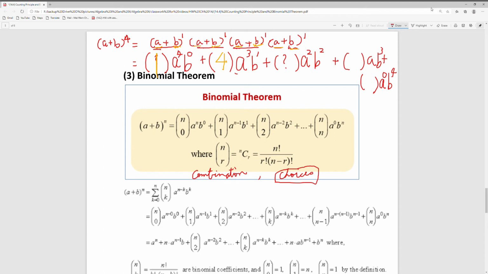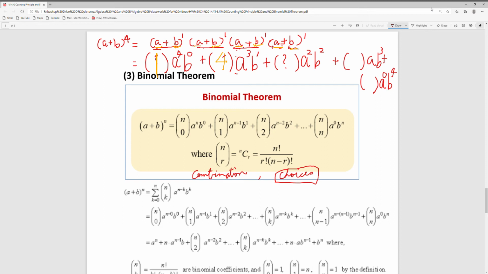Okay. So here, there's no permutation needed. If you choose this one multiplied with this one, you don't need to multiply back and forth. So a multiplied by a, you don't need to say, oh, this a multiplied by the a again. No. So order doesn't matter.